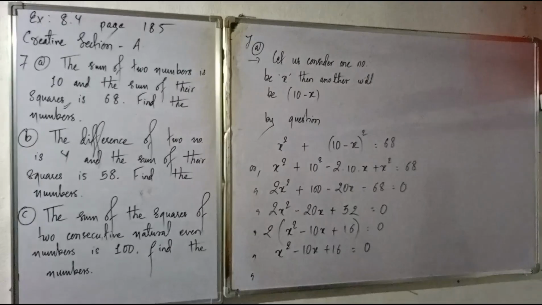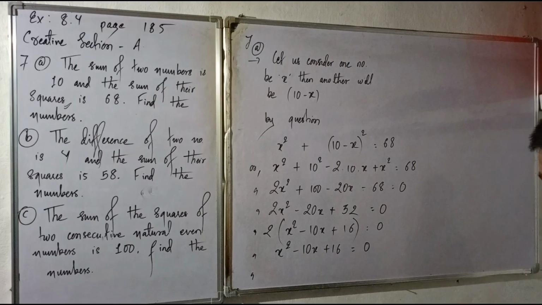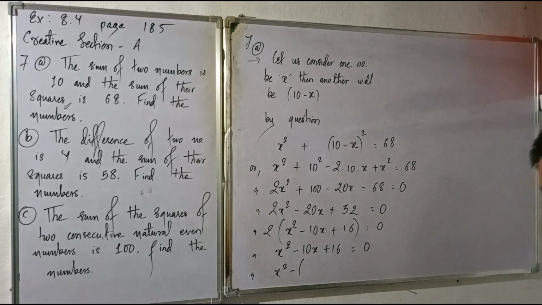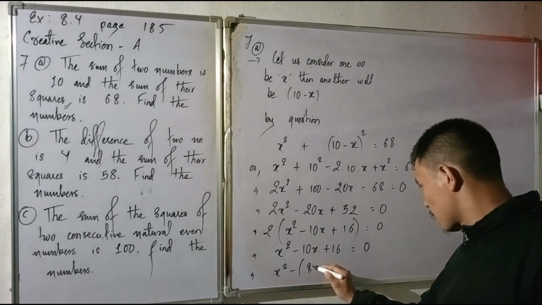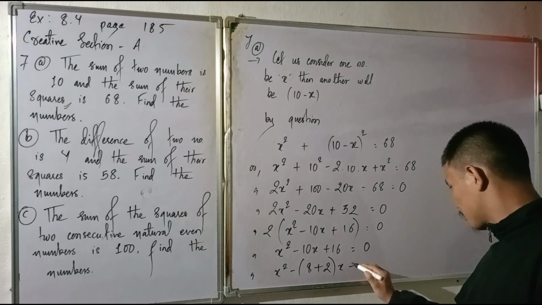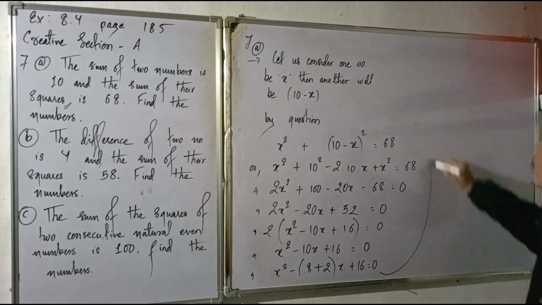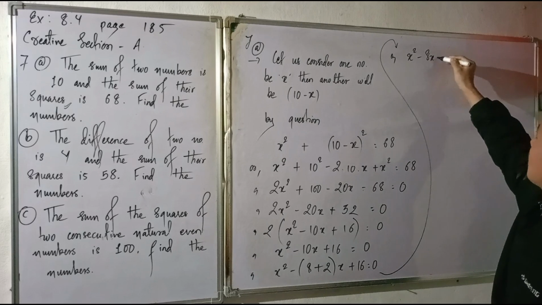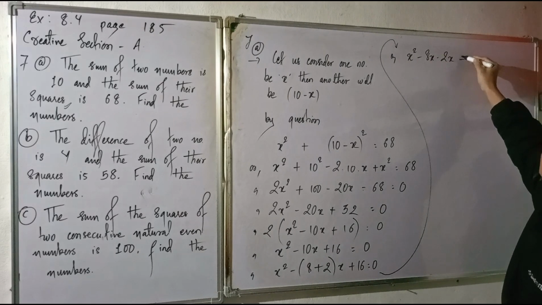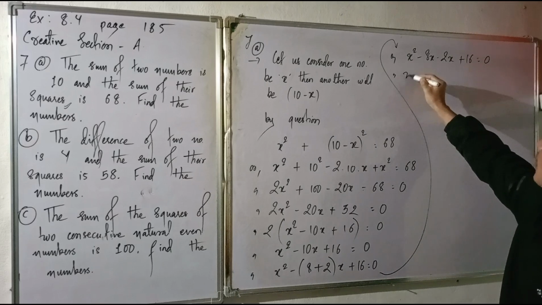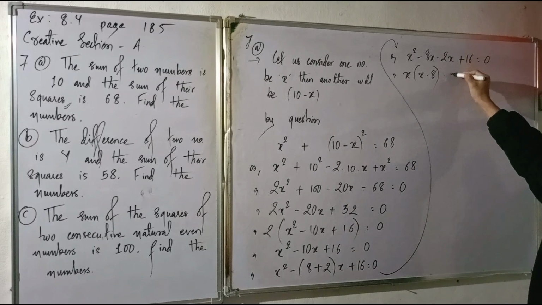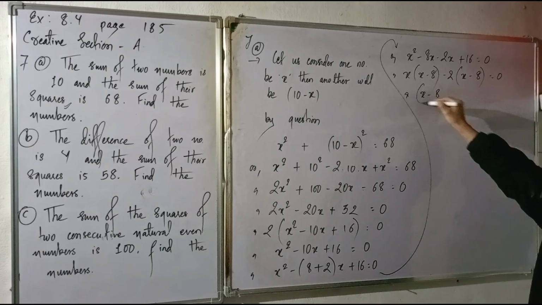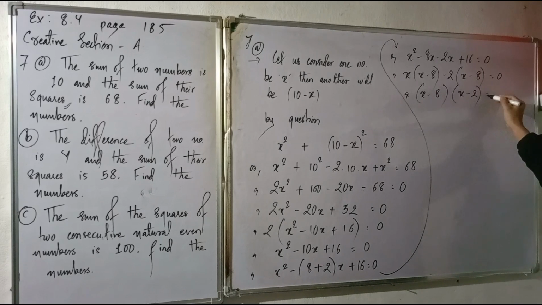Now you can factorize. x squared minus 10x plus 16: you factorize this, 8 times 2 is 16. So x squared minus 8x minus 2x plus 16 equals 0. Now we can take common factors: x times (x minus 8) minus 2 times (x minus 8) equals 0, or (x minus 8)(x minus 2) equals 0.